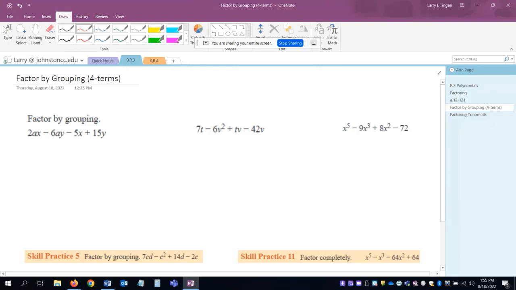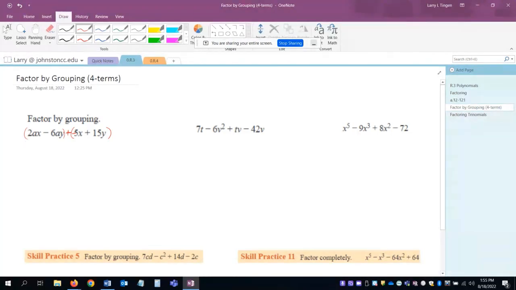But what I mean by factor by grouping is I mean group the first 2 together, and then this is something that I do. The book doesn't do this. If it's a minus sign in front of that third term, I always rewrite that as plus negative. And the reason for that is when I need to factor something out, it makes life a lot easier.